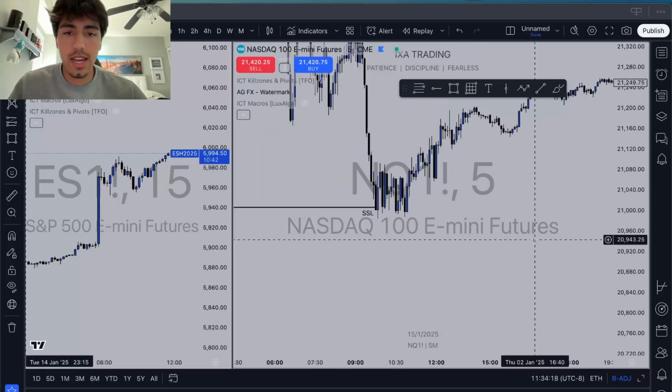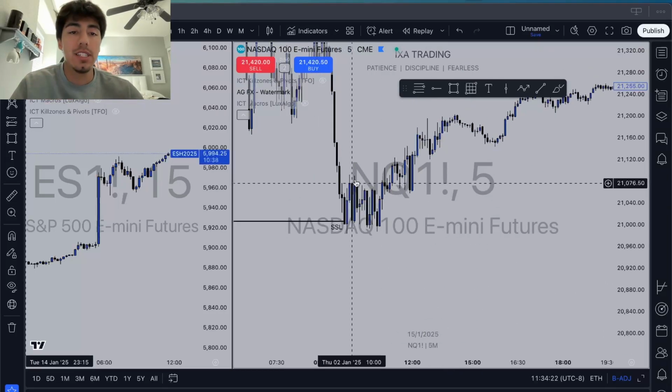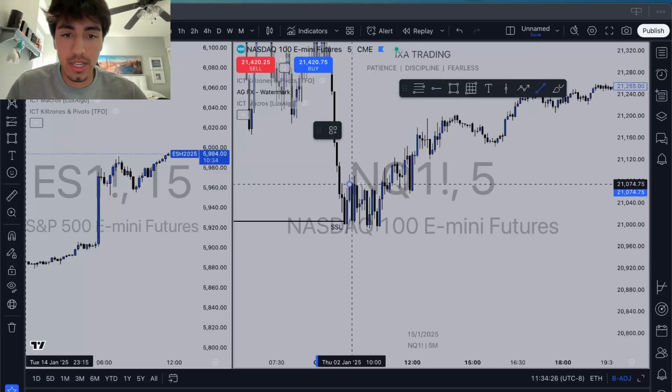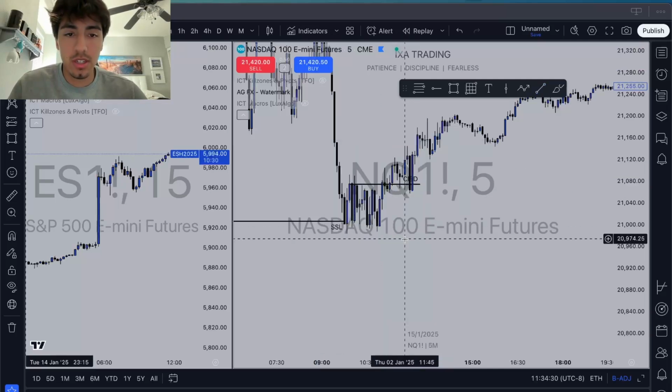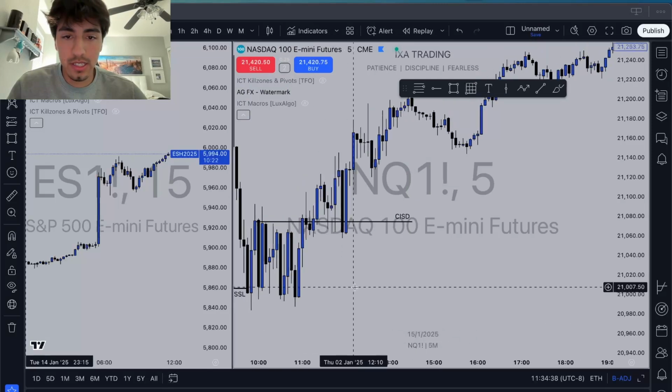Anyways, so here's that. We're looking for a break of pretty much all these highs right here. I would write my CISD as all these highs just getting broken through, and they're getting held right here. So this CISD holds. So here's your 5 minute, and the cherry on top is a fair value gap.